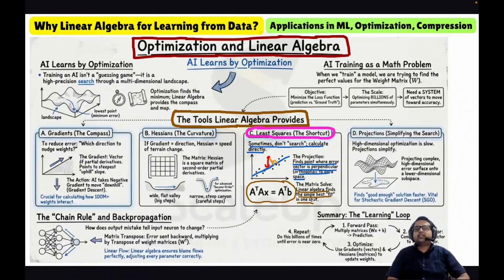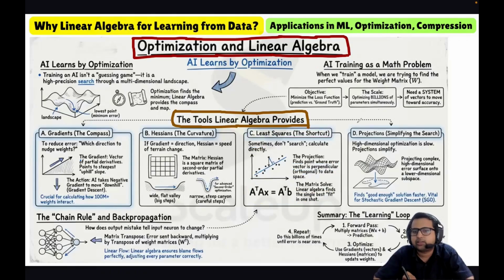So that is the least squares method. In least squares, it's a tool of linear algebra. Using it, we can calculate the best answer rather than searching for it. So we just have to solve this linear algebra equation A transpose AX equals A transpose B to get the single best answer.